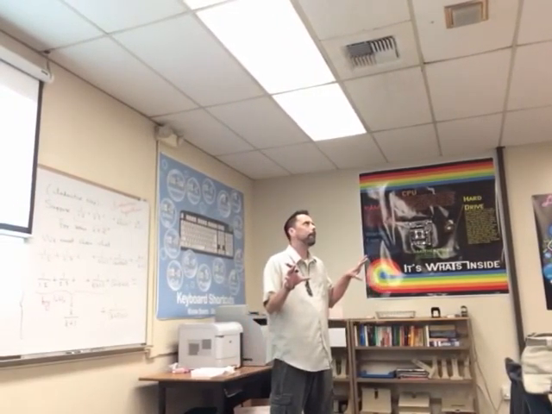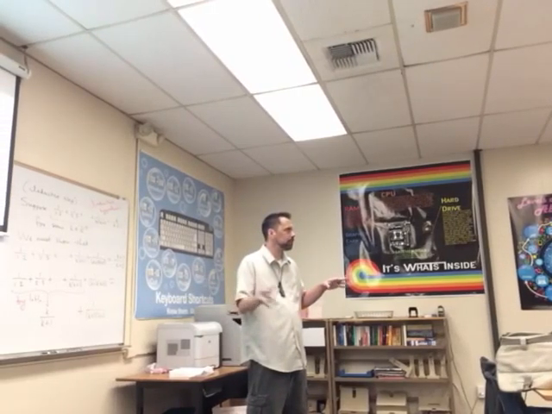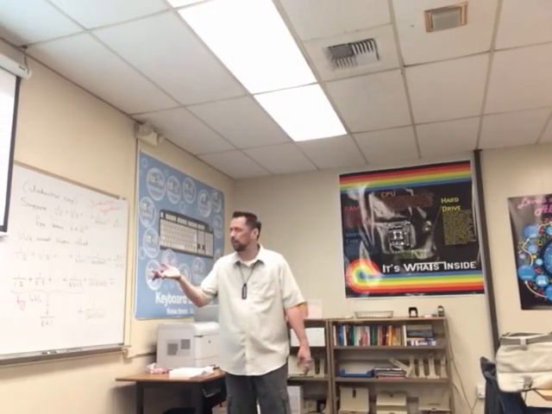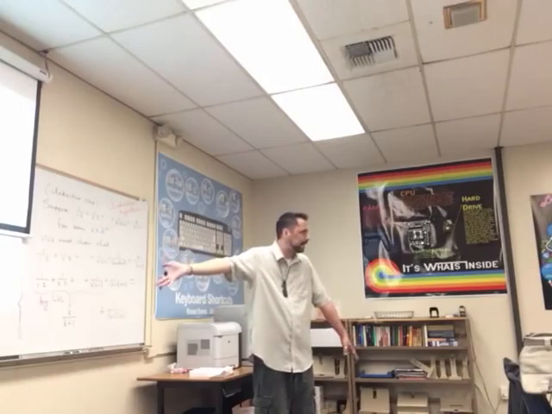And I have a favorite, what's the word I want? A favorite argument for why 0 factorial should be 1. Other than just because I said so. I mean, just because I said so is a good enough reason. That's kind of what by definition means.